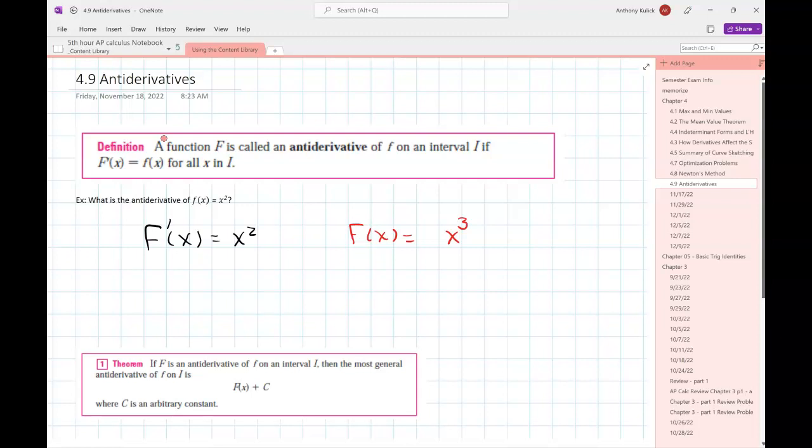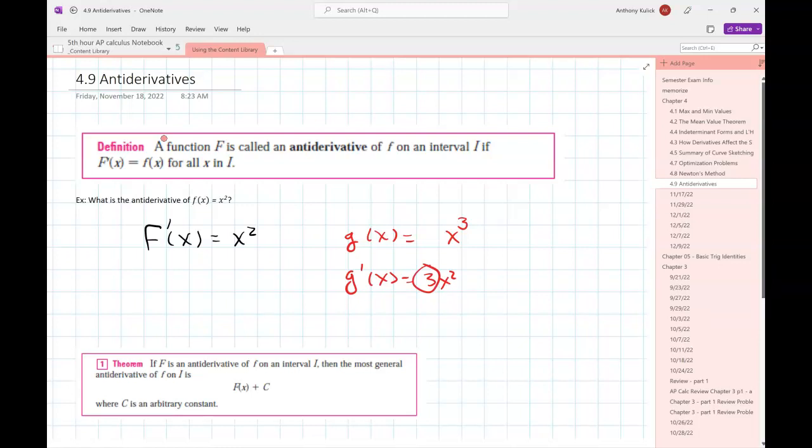So when I do the derivative, I'm going to have 3 times x squared. Everybody agree with that? Let's call this g. If I compare F prime of x, which should be x squared, and g prime, which is 3x squared, what's the difference? The 3.